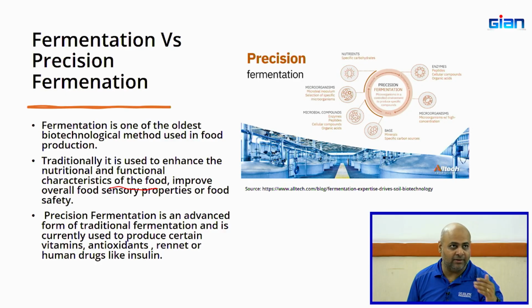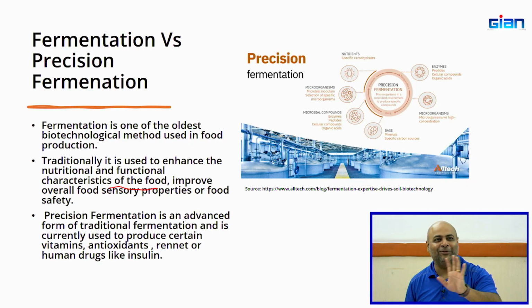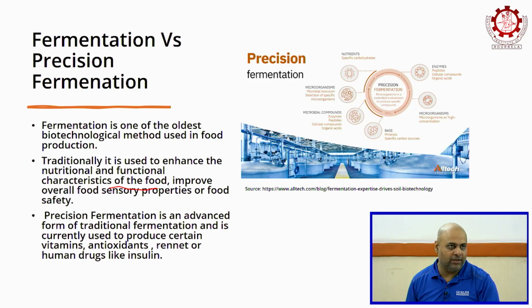It will have a consistent efficacy, and it is widely utilized everywhere. Rennet is also one of the products which has been developed through this recombinant DNA technology that has been approved by everyone. Every country in the world actually allows use of rennet. Human drugs like insulin are also produced using recombinant DNA technology.